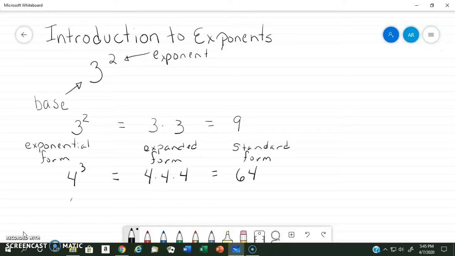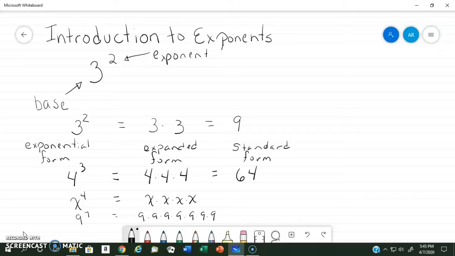If I had x to the 4th in the exponential form, my expanded form would be x times x times x times x. And well, I can't have a standard form because at the moment I don't know what x is. And then I could have 9 to the 7th, and I'm going to have 9 times 9 times 9, and so on.